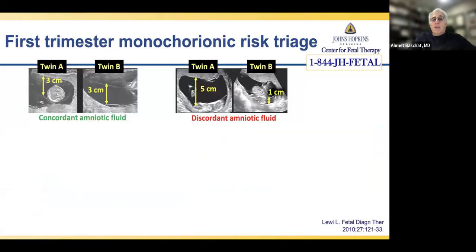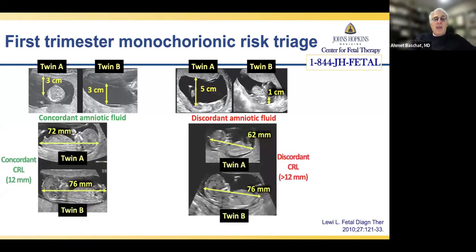And in our practice, these patients, we do actually perform first trimester fetal echocardiography to look for major heart defects. The other thing that is important is to look at the maximum fluid pockets and look if the fluid is concordant within 4 centimeters maximum vertical pocket, and if the crown rump lengths are concordant or discordant.